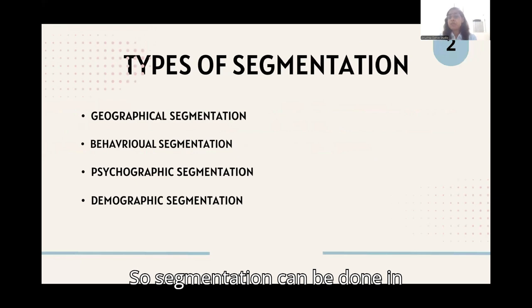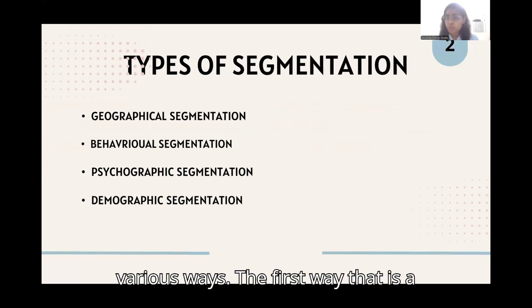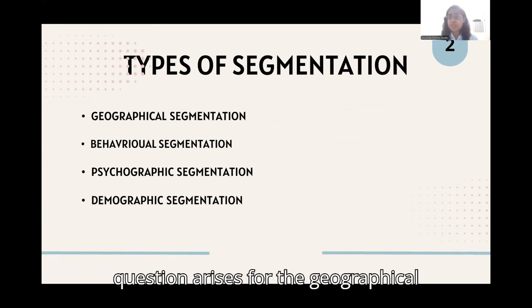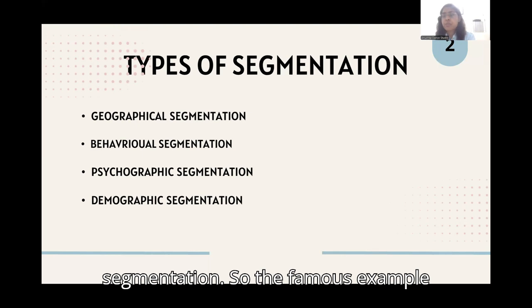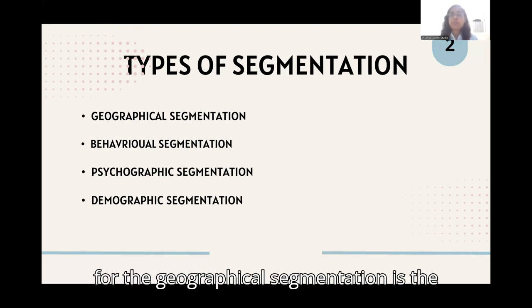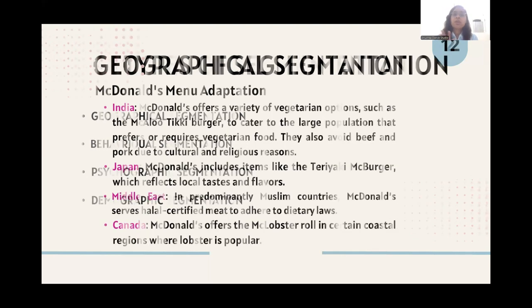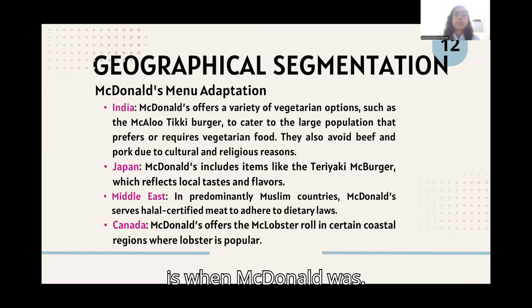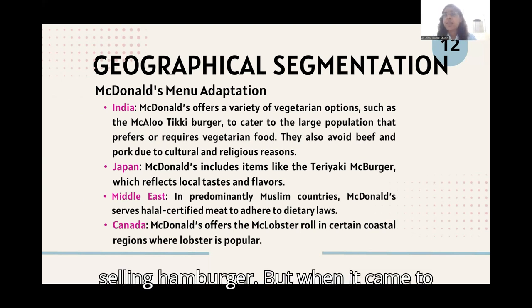So, segmentation can be done in various ways. The first way is geographical segmentation. The famous example for geographical segmentation is the example of McDonald's. When McDonald's was in America, it was selling hamburgers.